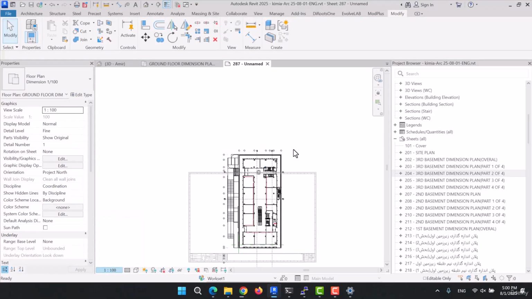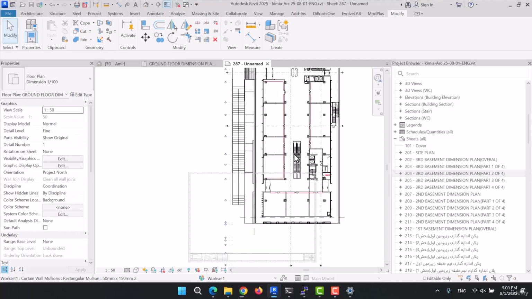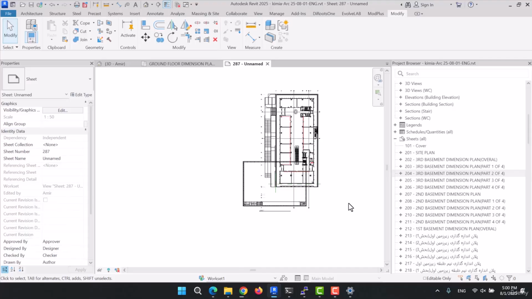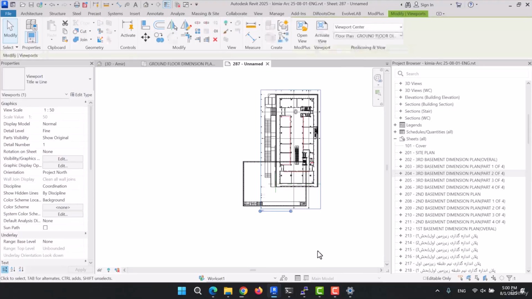Actually, on the scale that it should be, so I can decide how many parts I have to make in this sheet. So let's see, right now, even if you rotate this view in the sheet, it doesn't fit my sheet. It doesn't fit my sheet.